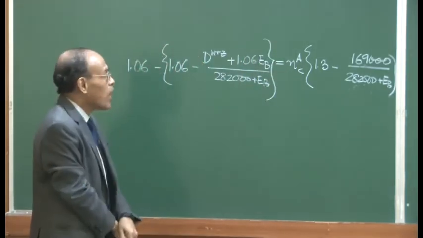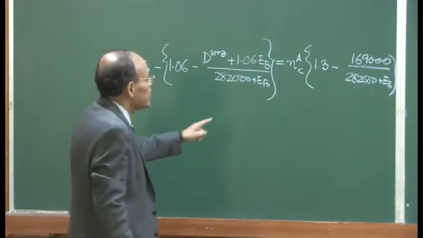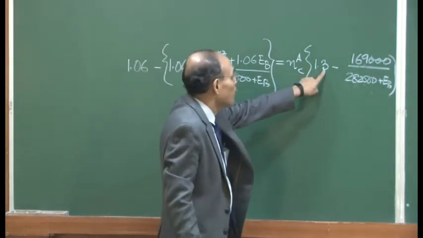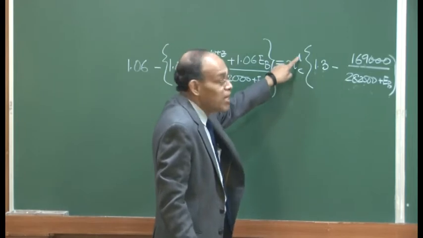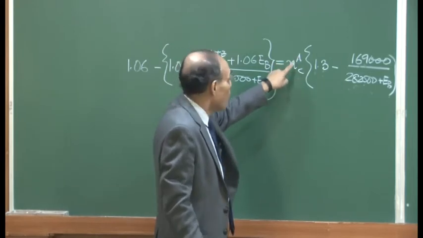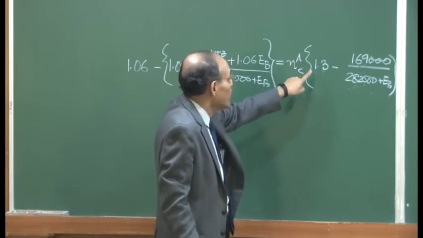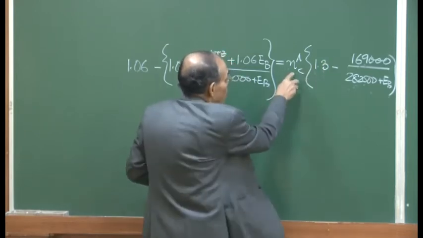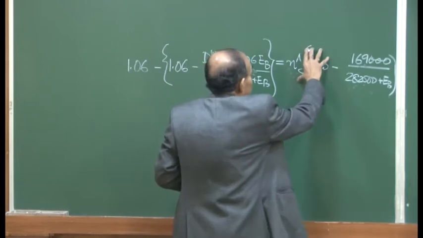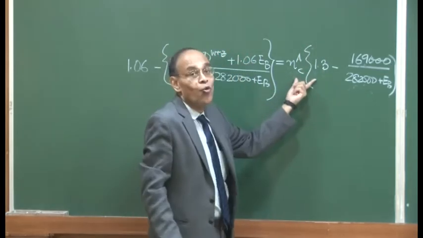Then you can see that this term has become a dimension of 1.3, which is the O by C ratio. NaC is the C by Fe ratio, moles of carbon per mole of iron, and the other is moles of oxygen per mole of carbon. So, the moment you multiply these two terms, the resultant becomes a dimension of O by Fe.